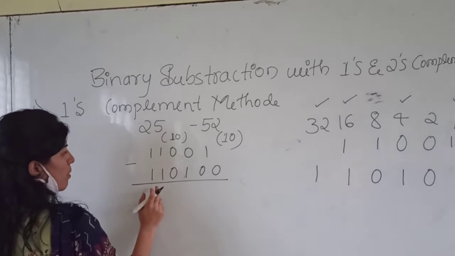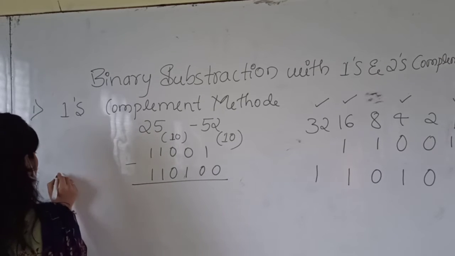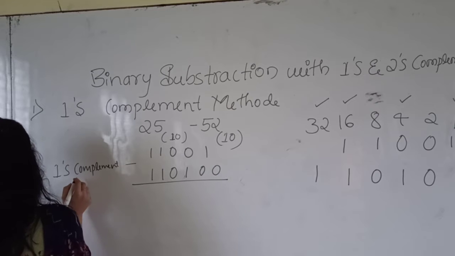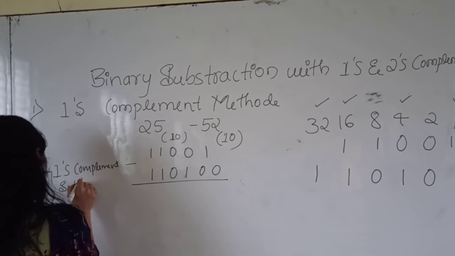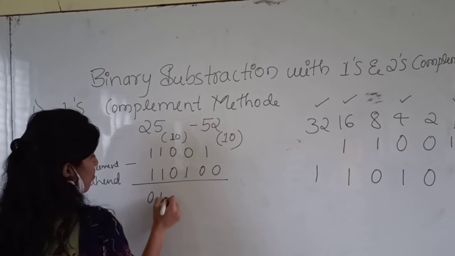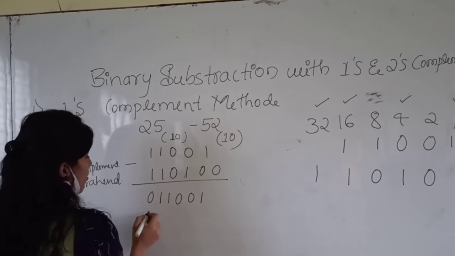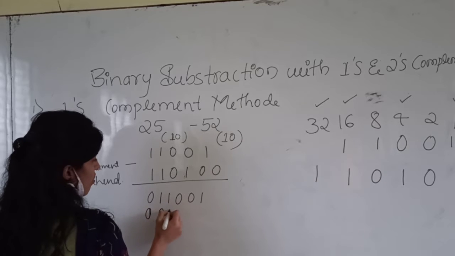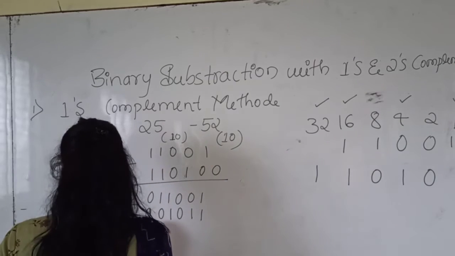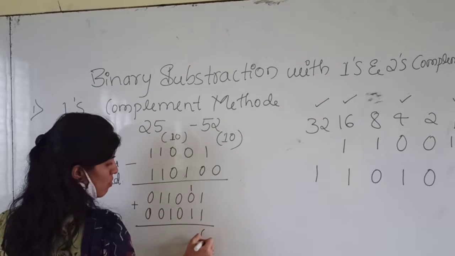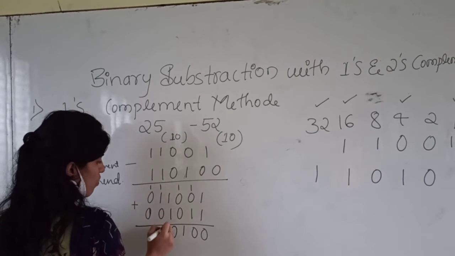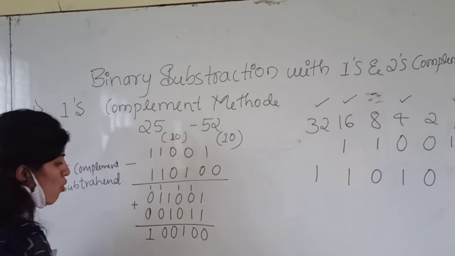Hence first take the ones complement of the subtrahend. The ones complement of this binary 52 is 0 0 1 0 1 1, and after that make an addition of these two. Here no carry will be generated.